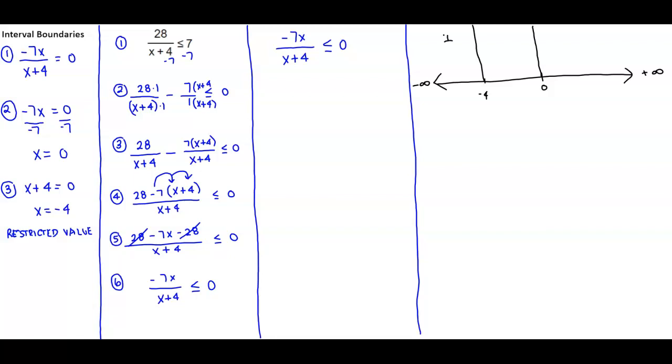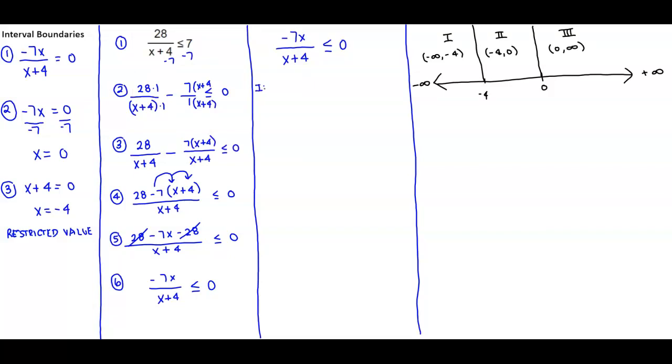So we have interval 1, interval 2, and interval 3. Interval 1 goes from negative infinity to negative 4. Interval 2 goes from negative 4 to 0. And interval 3 goes from 0 to positive infinity. Now we're going to find our testing points for each interval.